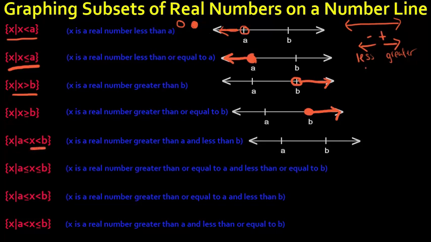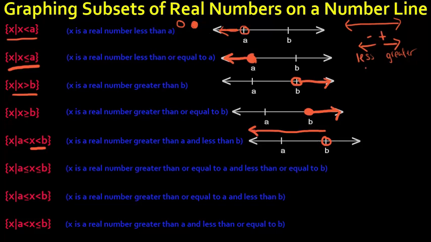It says x is less than b. So I'll go over here and say b. So we know b is going to have an open circle. And I'll do this on top to show you all how I do it. So it's saying x is less than b. So less than will be to the left. So we're saying, okay, less than can be all numbers less than.